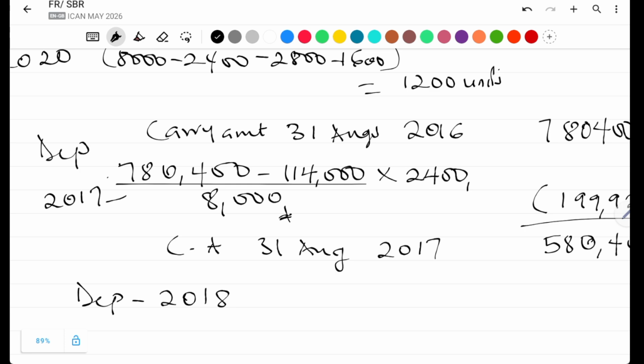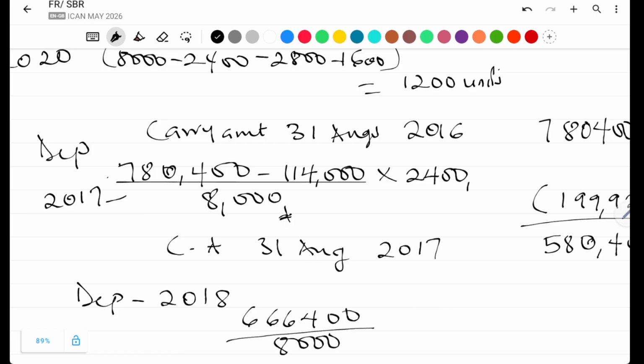But 2018 is still repeating the same thing. 780,400 minus 114,000. So if you can just remove it once so that you just be using it. So that will give me 666,400. Okay, so multiply by 8,000, number of total units, by what we consumed, which is 2,800. So in 2018, the depreciation is 233,240.